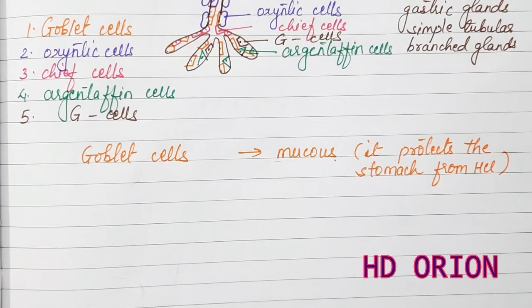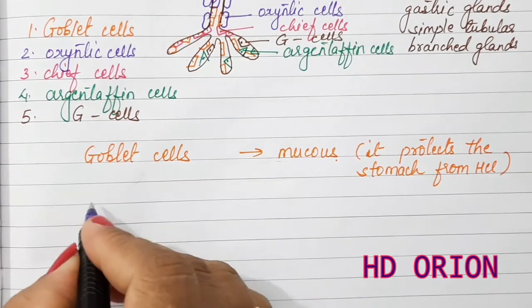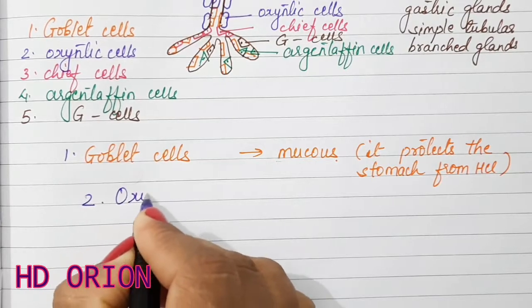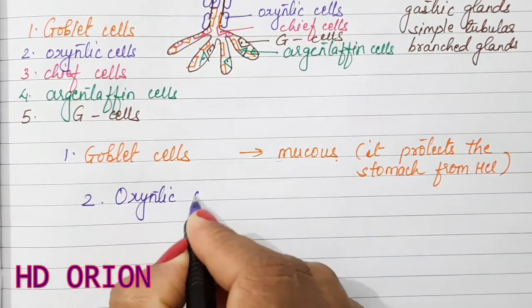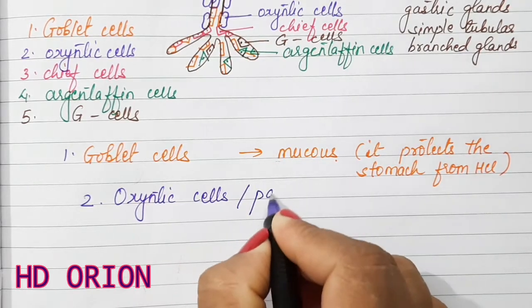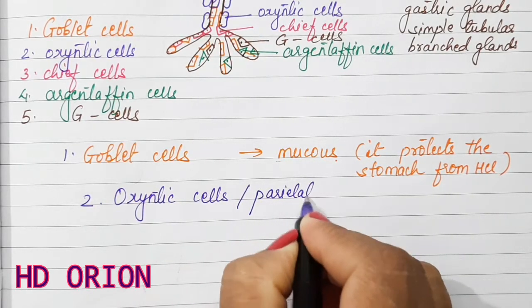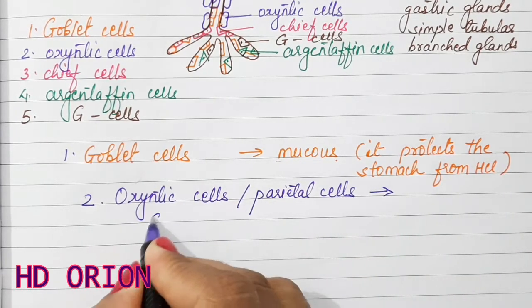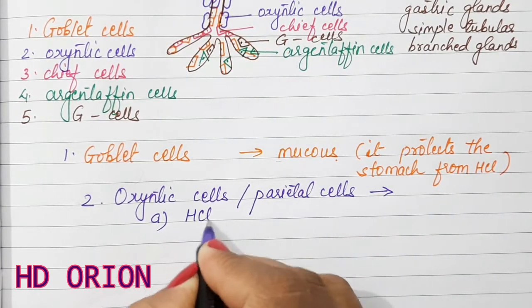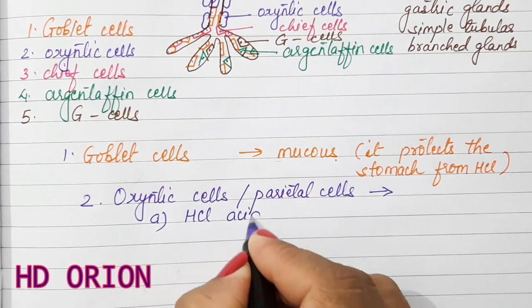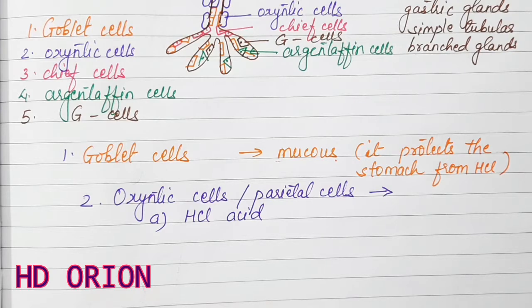The second type of cells, the oxyntic cells. This was the first. Now the oxyntic cells. The oxyntic cells are also known as parietal cells. They produce two secretions. The first one is HCl. HCl is an acid, and it does many functions.